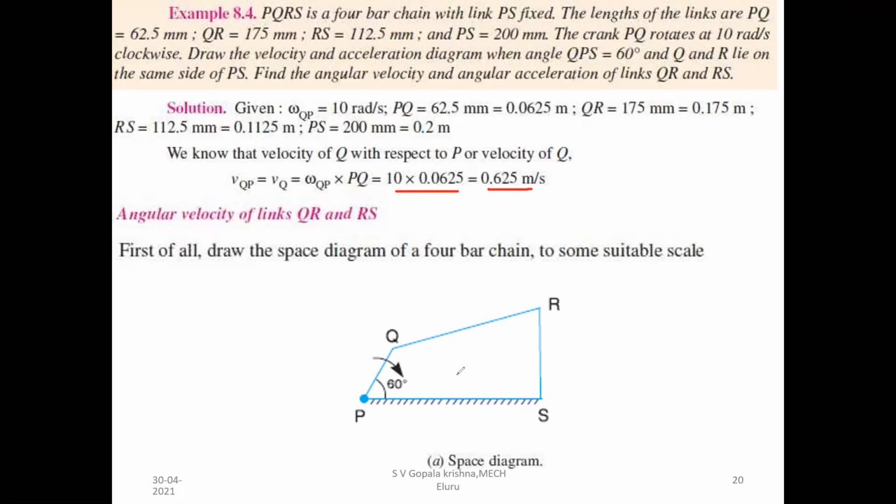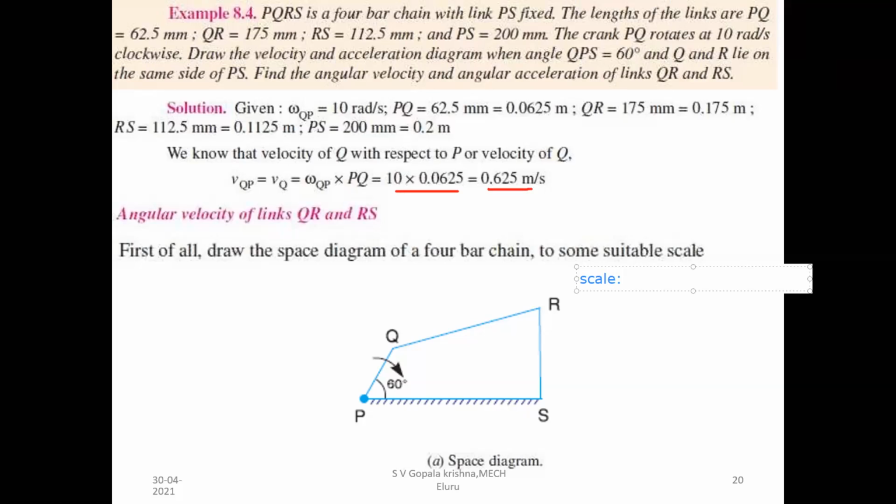Before starting this diagram, let us set up the scale.